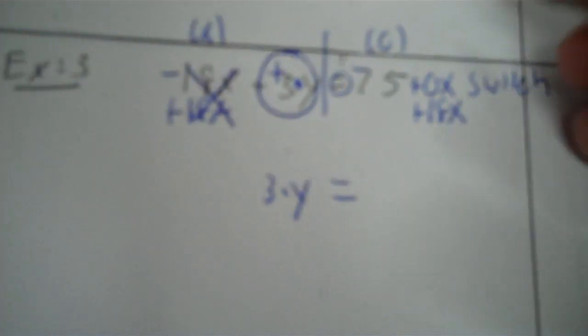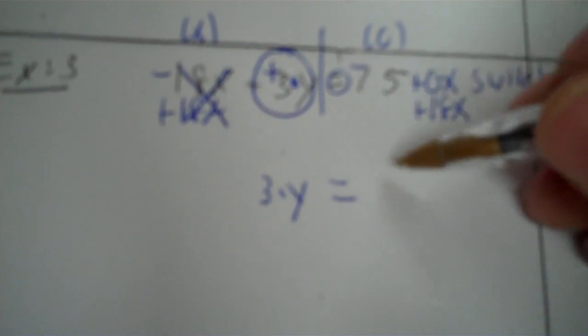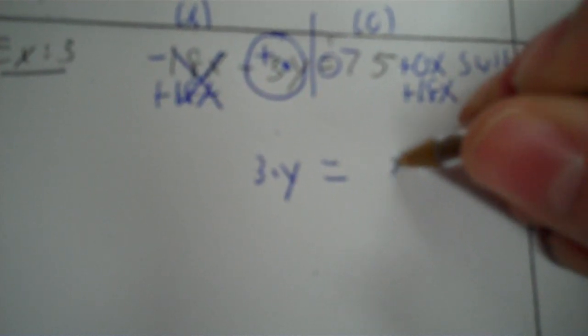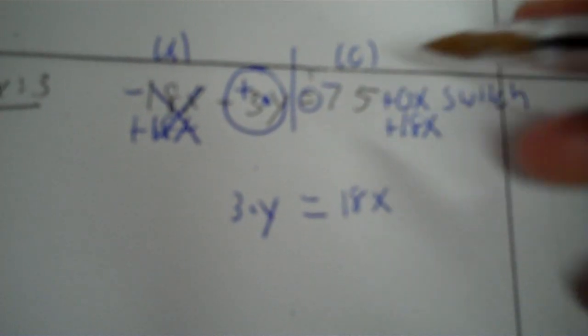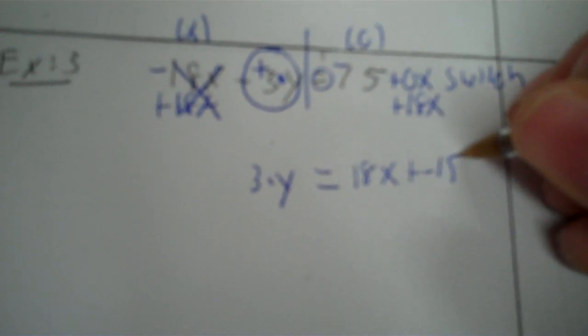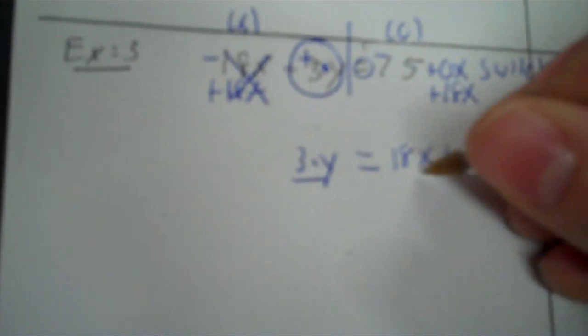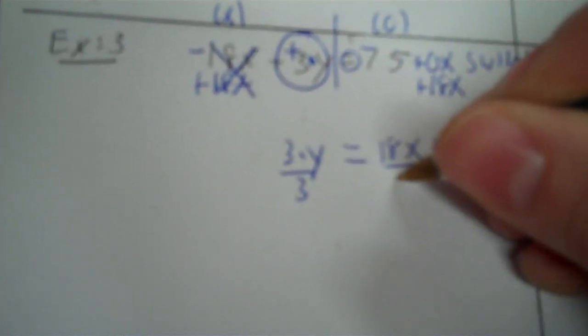So now you have 3 times y. Now, you don't put your negative 15 first. You need to put your x term first. So 0 plus 18 is 18. Then I put plus negative 15. Now I divide all of these by 3.